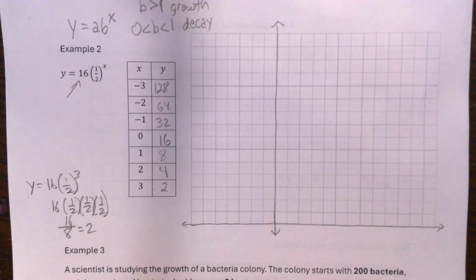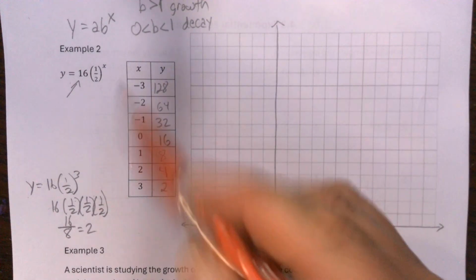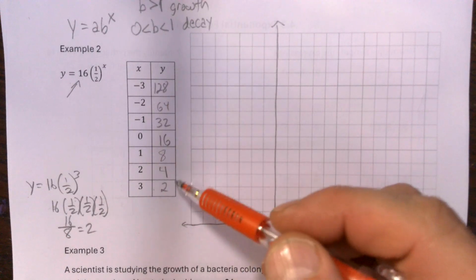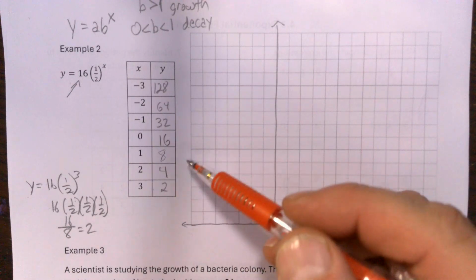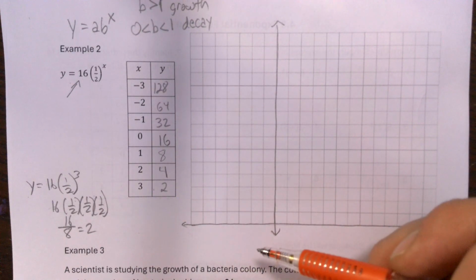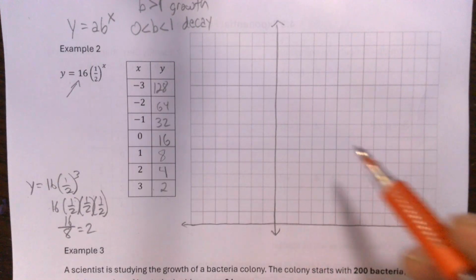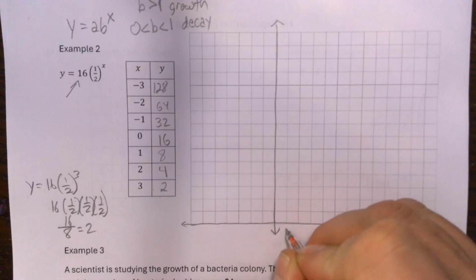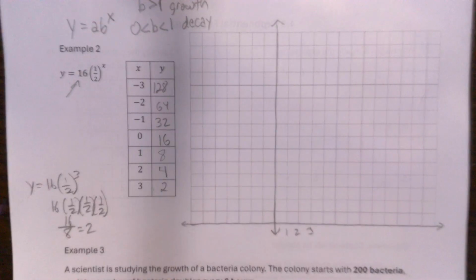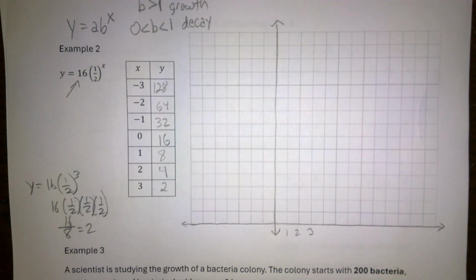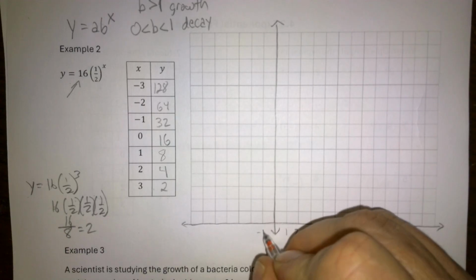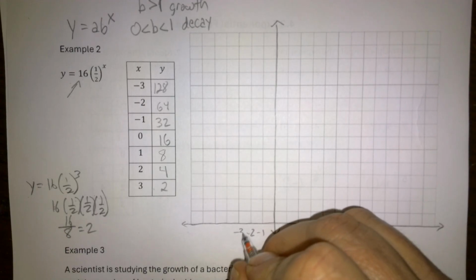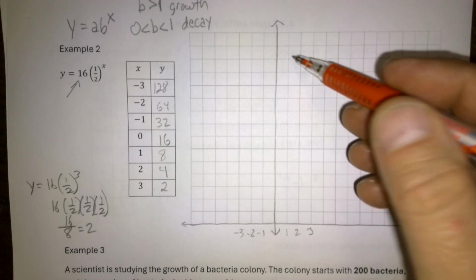Now, one thing that's kind of challenging with these type of graphs is when you pick a scale, some values will work really well with the scale, and other values will be really hard to graph, so you just have to do your best guess. But we will put our 1, 2, and 3 on this side. I'm going to turn that back up. Ooh, boy, bright. Okay, that's better. -1, -2, -3. And then, like, how far up do I want to go?